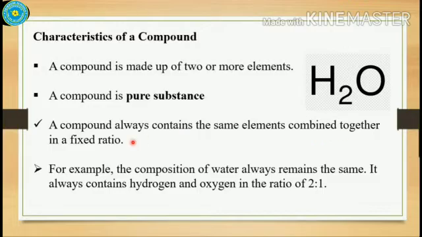The compound can be water, carbon dioxide, sodium chloride, copper sulfate, etc. For example, the composition of water always remains the same. It always contains hydrogen and oxygen in the ratio of 2:1, that is 2 atoms of hydrogen and 1 atom of oxygen.